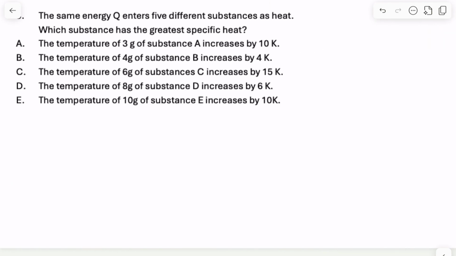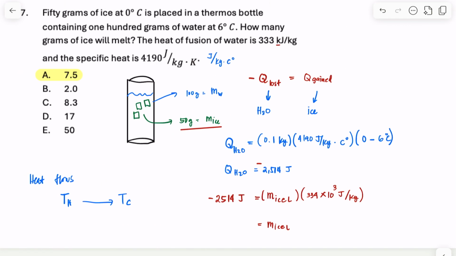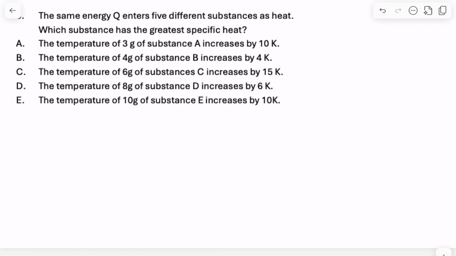Okay, so the next one is number 8. The same heat energy Q enters 5 different substances. Which substance has the greatest specific heat? So we always remember that if it has a greater specific heat, that means it will have a small change in temp per unit mass.